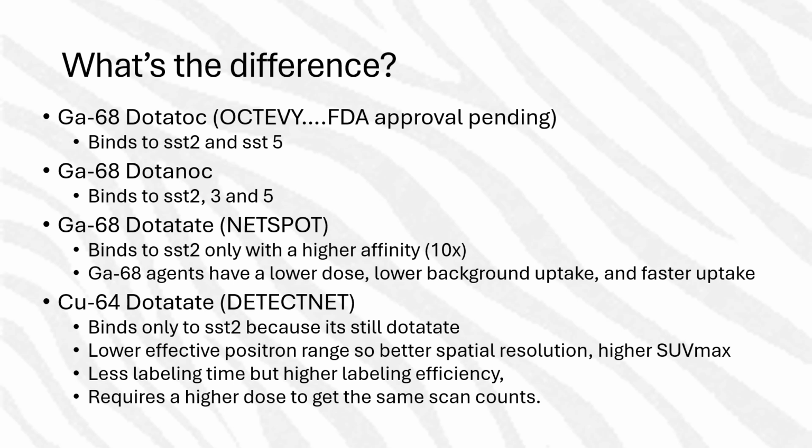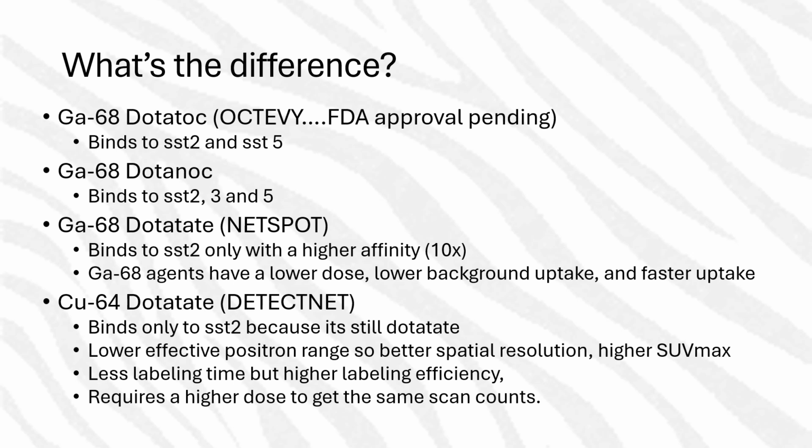Copper 64 dotatate has a lower effective positron range, so theoretically it will have better spatial resolution and a higher SUV max for better quantification of the tumor or the metabolism of the tumors. And they have less labeling time but higher labeling efficiency.